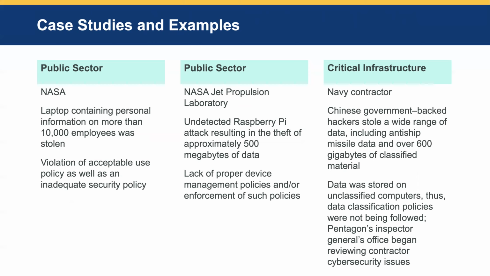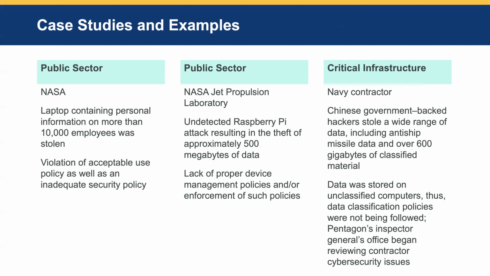This was a violation of an acceptable use policy, as well as an inadequate security policy. We also had another example at the NASA Jet Propulsion Laboratory, where an undetected Raspberry Pi attack resulted in the theft of over 500 megabytes of data. This was a violation for the lack of proper device management policies and/or enforcement of such policies.